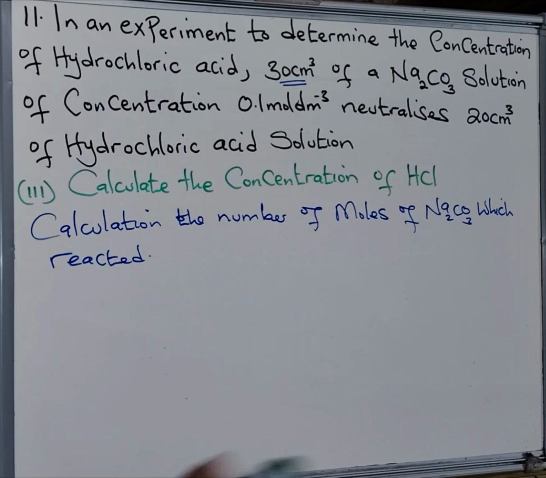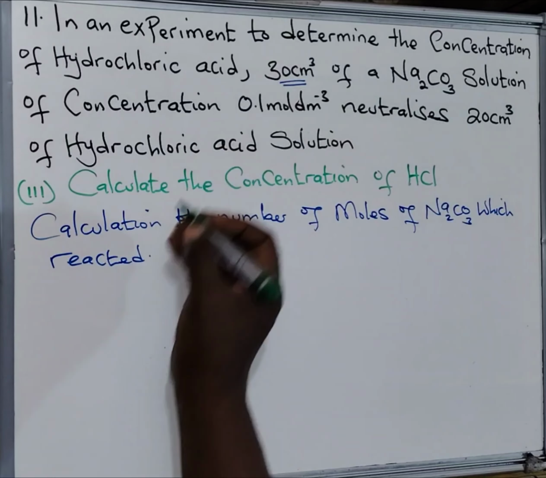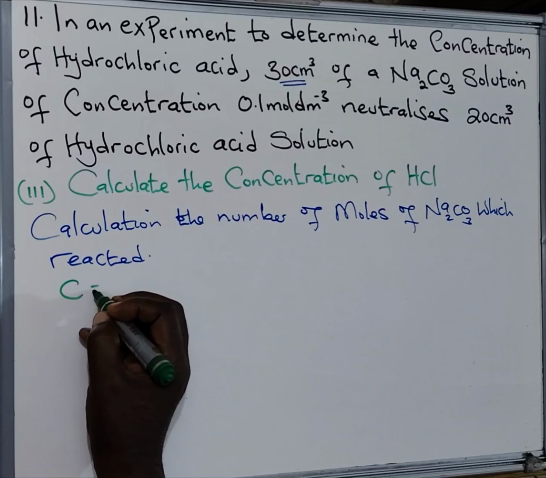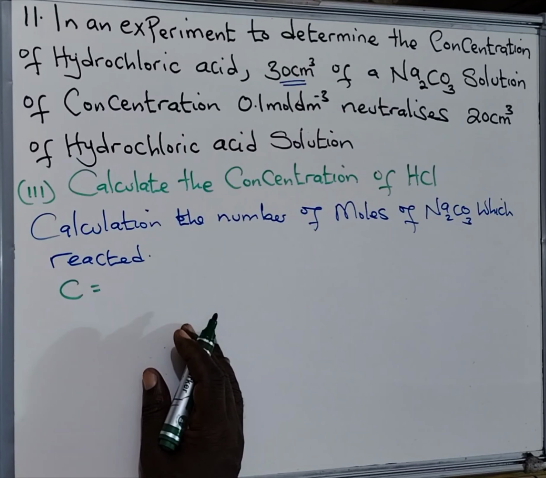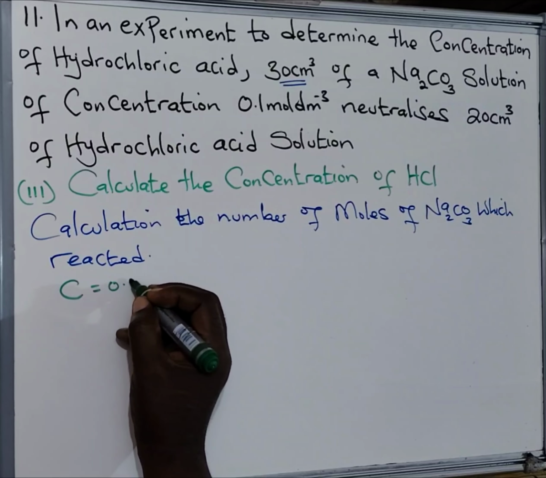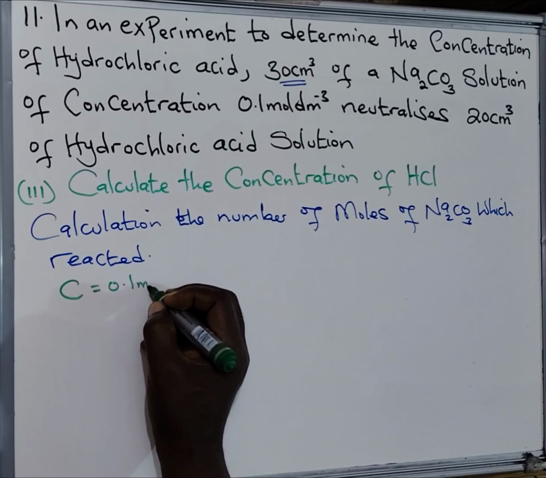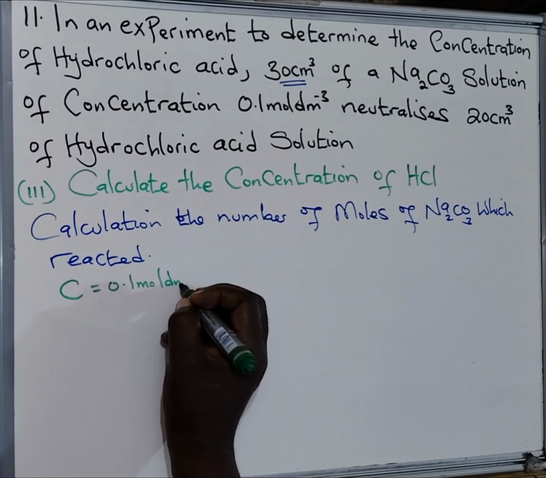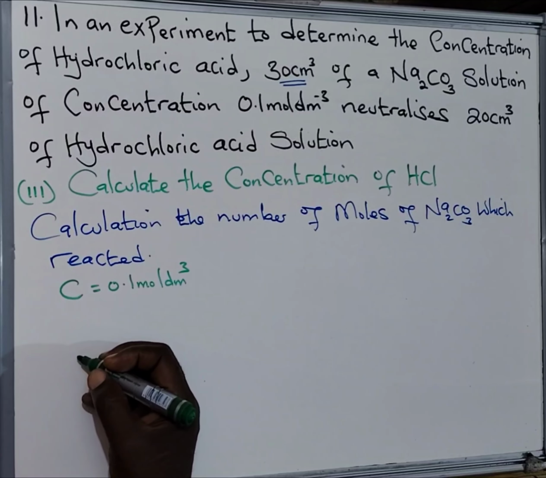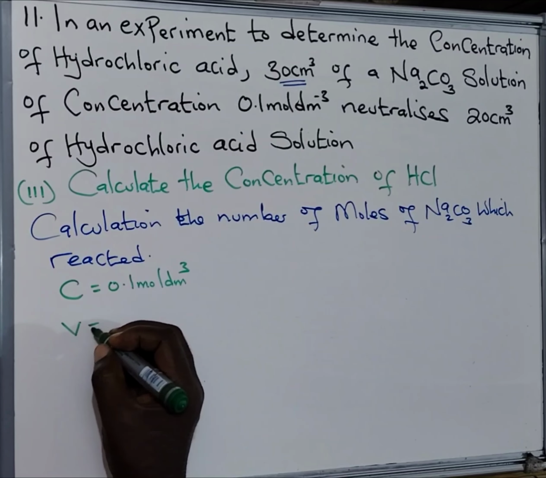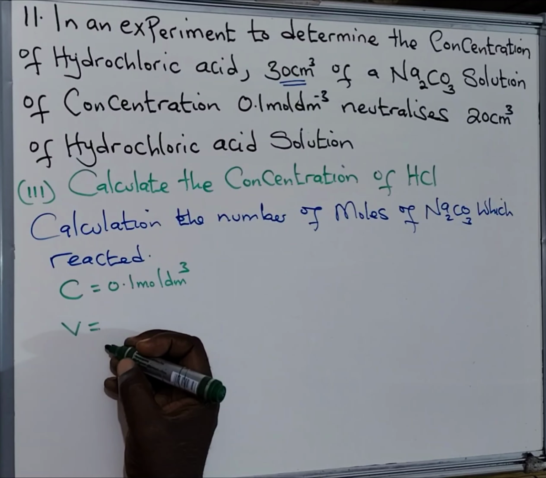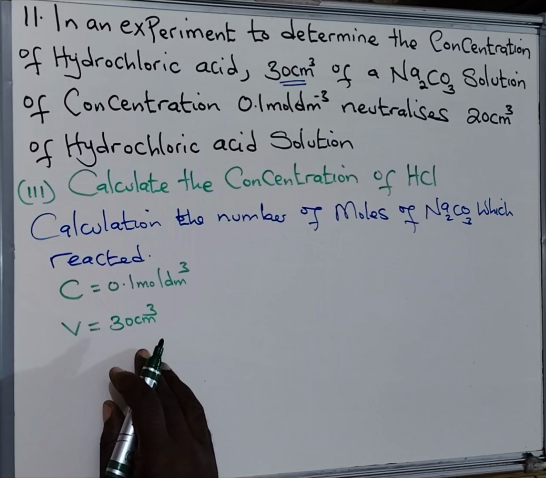To perform this calculation, we need to find out what we know. We know the concentration of our standard, and it is 0.1 moles per cubic decimeter. We know the volume of sodium carbonate which reacted, and it is 30 cubic centimeter.